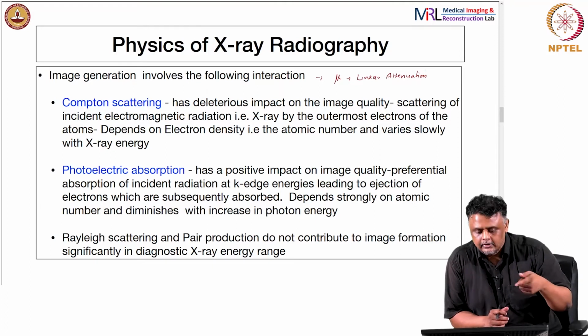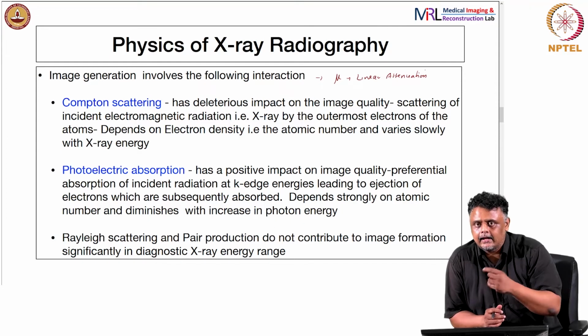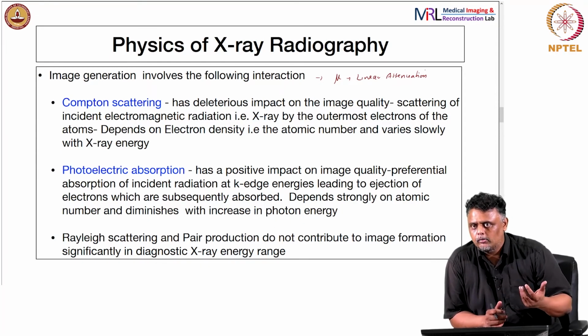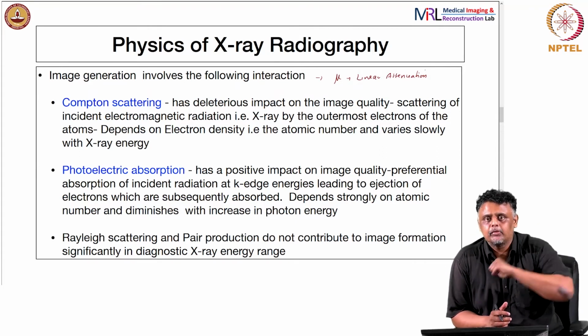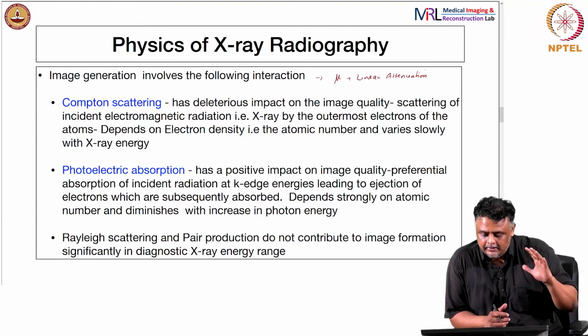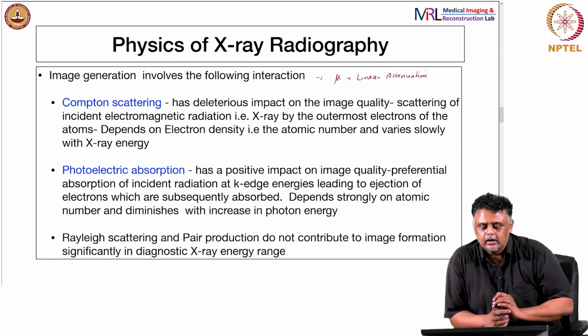In the same way, if the diagnostic X-ray energy is higher than the K-edge of some of the materials in the human body, then it is absorbed, leading to excitation of electrons. So the X-ray photon is completely absorbed, and this depends strongly on atomic number, and it diminishes with increase in photon energy.